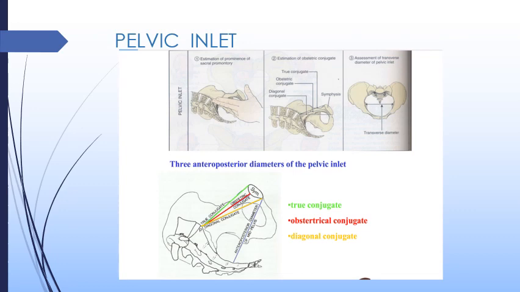It is important to identify the shortest antero-posterior diameter through which the fetal head must pass. Before labor, the fetal biparietal diameter averages 9.5 centimeters. The antero-posterior diameter of the pelvic inlet, which is the obstetrical conjugate, is commonly approximated by manually measuring the diagonal conjugate, which is approximately 1.5 cm greater.